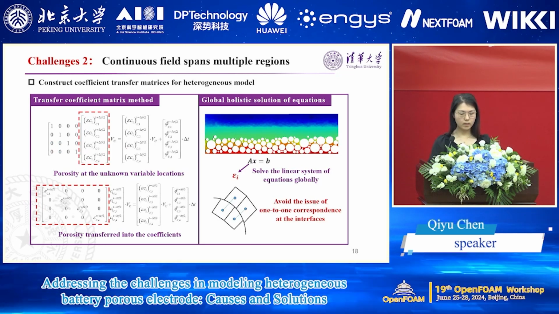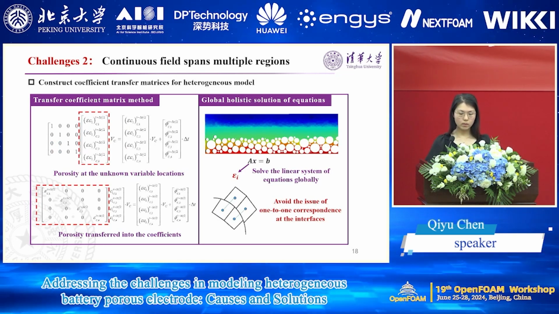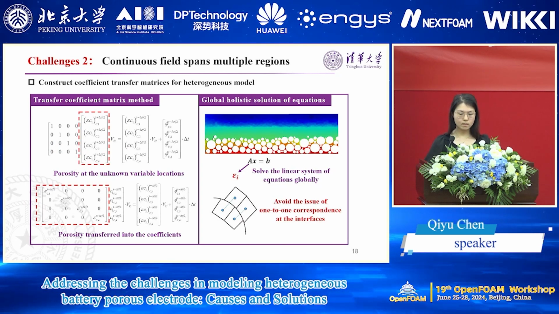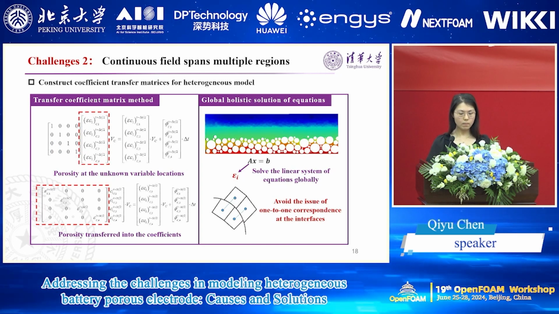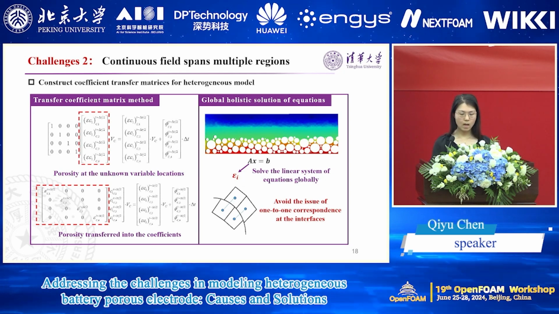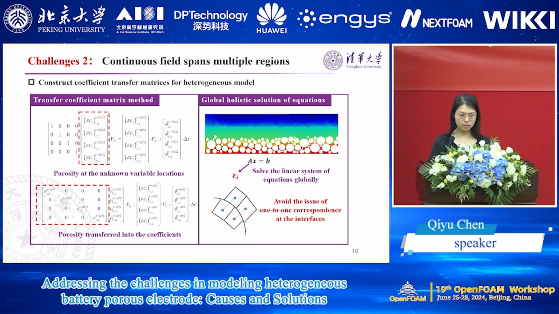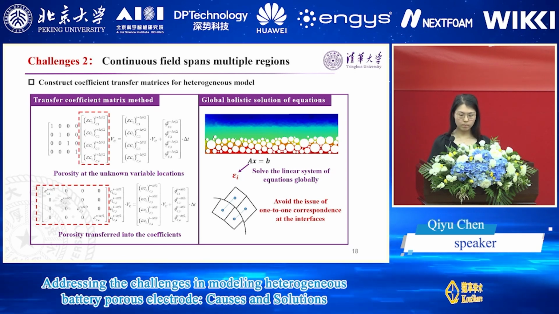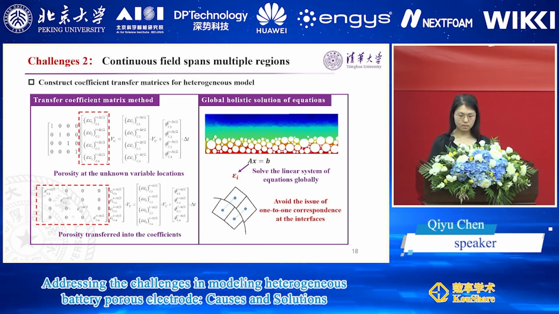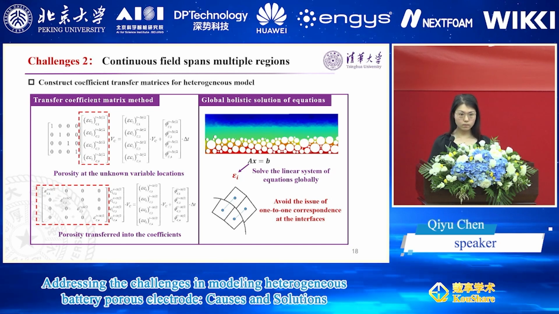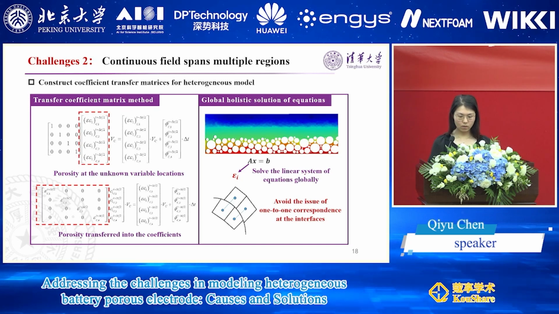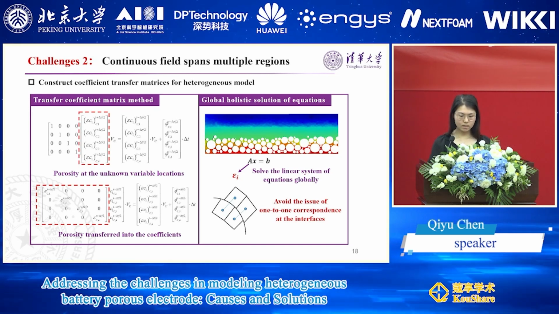However, for the heterogeneous model, due to the numerous physical domains and complex interface types, domain decomposition iterative solutions are not suitable. So, we have tried a method to construct a coefficient transfer matrix based on the essence of discretization, transferring the porosity, such as epsilon, from the position of unknown variables to the coefficients.